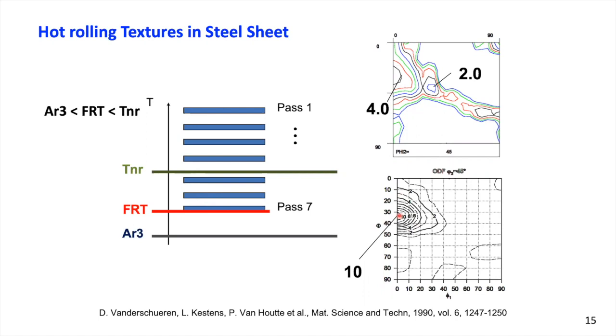So for transformation textures, with a strong maximum here on the 112 110 components. So hot rolling, a precise combination of hot rolling steps with respect to temperature, is an important tool to control the texture of steel products.